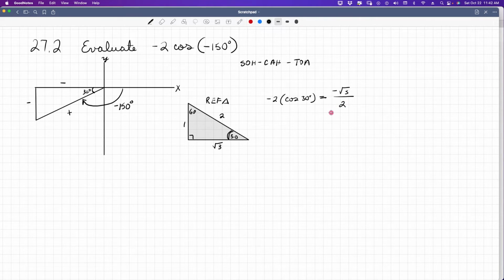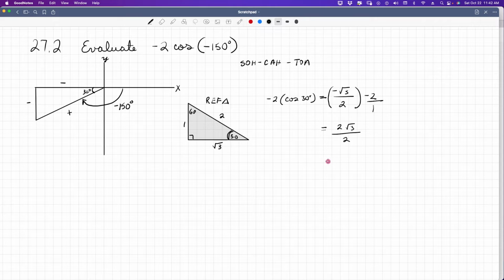So now we're going to insert this negative 2 here because we're multiplying it times the cosine of 30 degrees, and it's negative because of where it's located on the x-axis. So what we can do is put this over 1, and negative times negative is a positive 2 times the square root of 3 over 2, because 2 times 1 is 2.